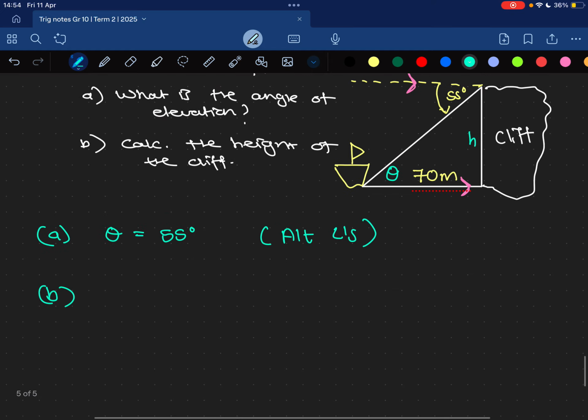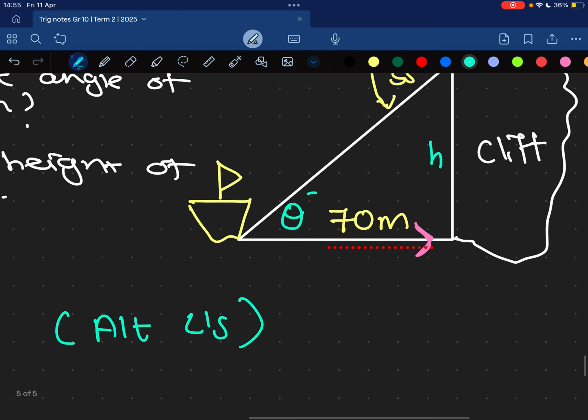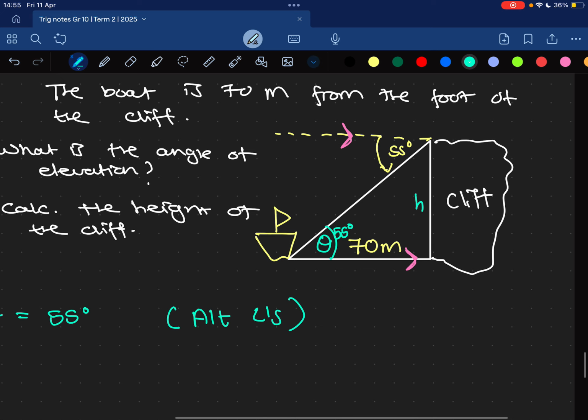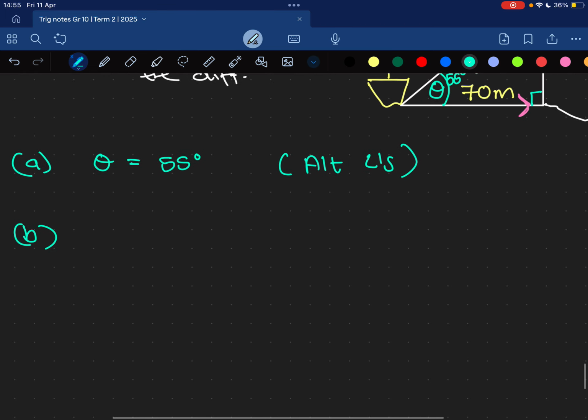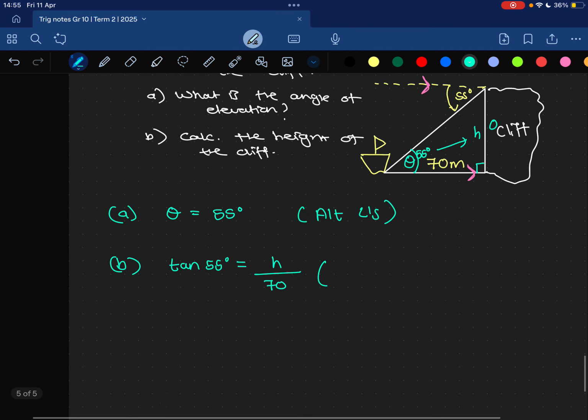B is to calculate the height now. So I'm going to go to the diagram. I'm going to put in the 55 degrees. Now I see, okay, but the height is opposite and I have 70 meters which is adjacent. So that's just tan. So tan of 55 is equal to the height, which is opposite, over adjacent, which is 70.